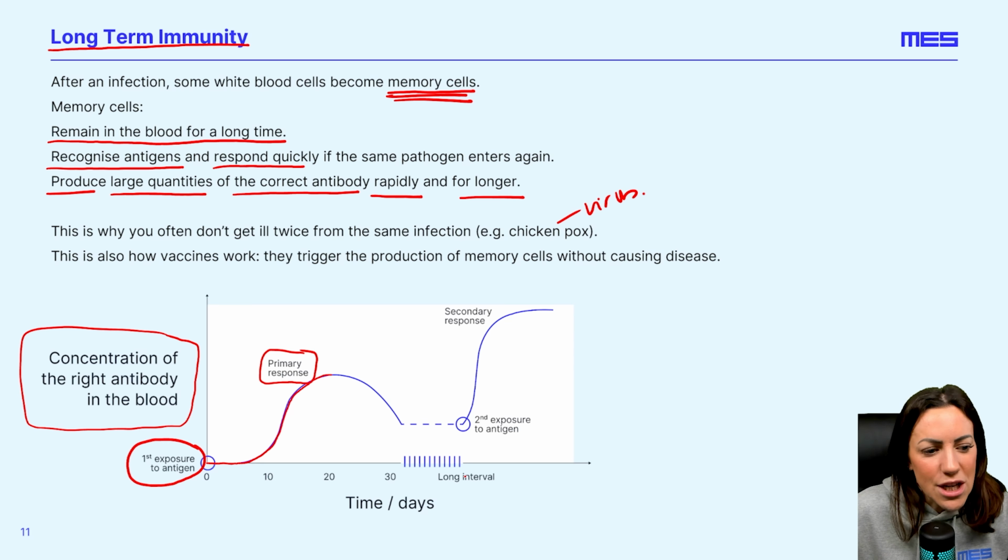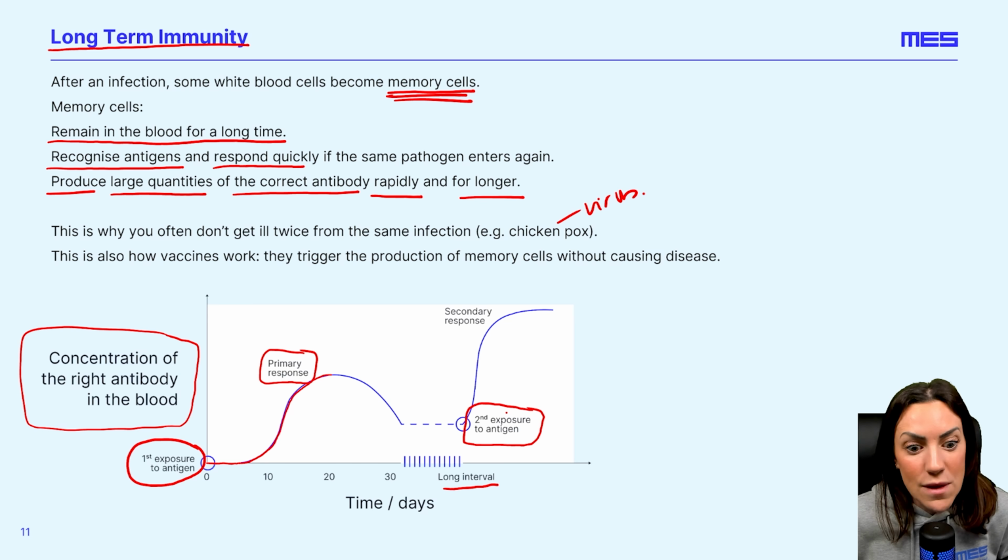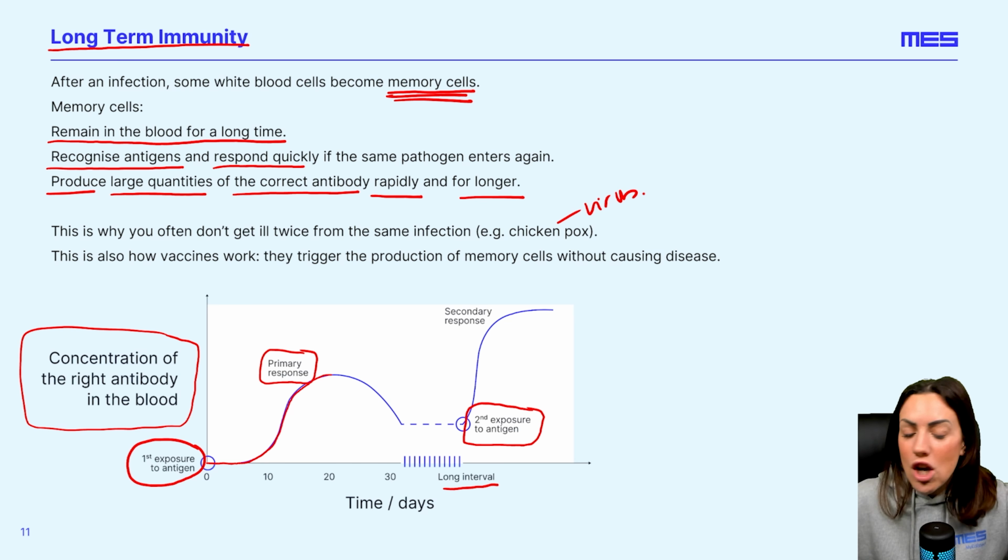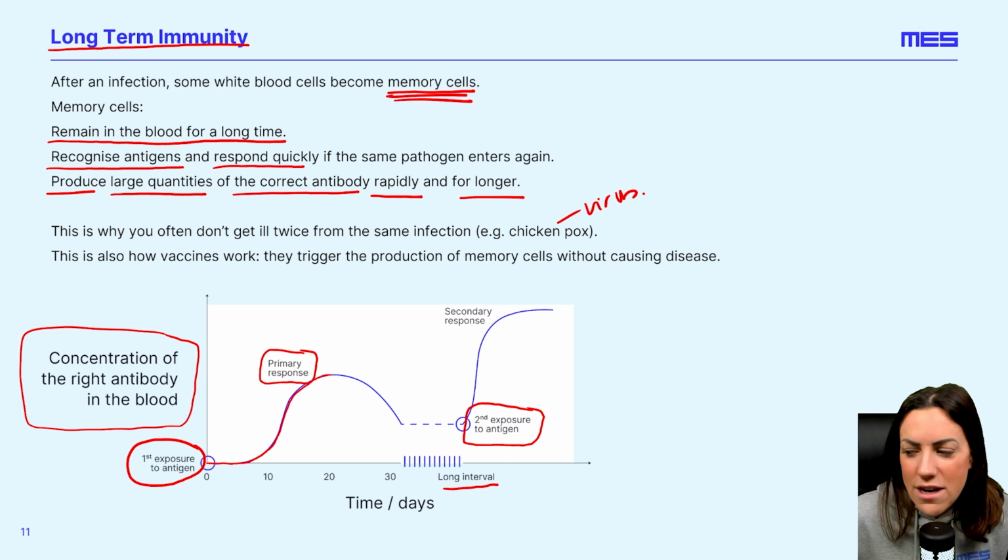But then let's imagine many years later, you have a second exposure to that pathogen. So you get infected with the chickenpox virus again. You're exposed to that same foreign antigen. Have a look at the difference. Immediately, with no delay, you start to produce antibodies. The concentration of antibodies rises much more quickly, and the concentration gets much higher.